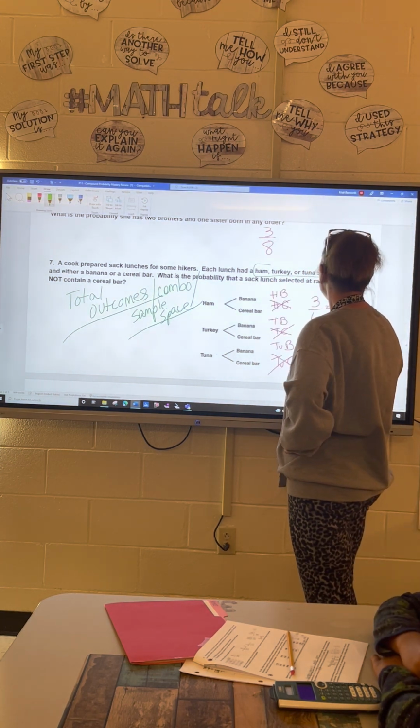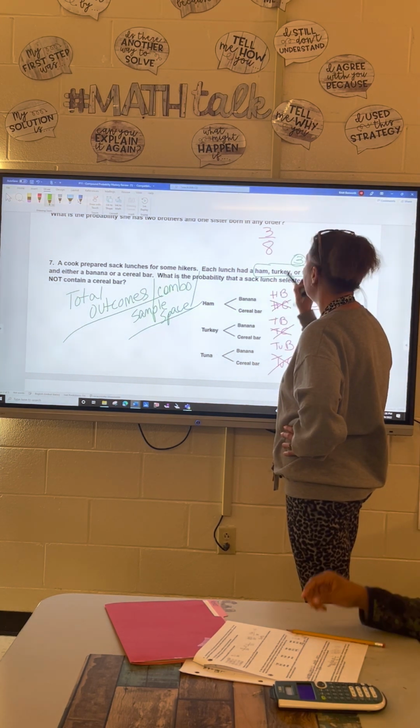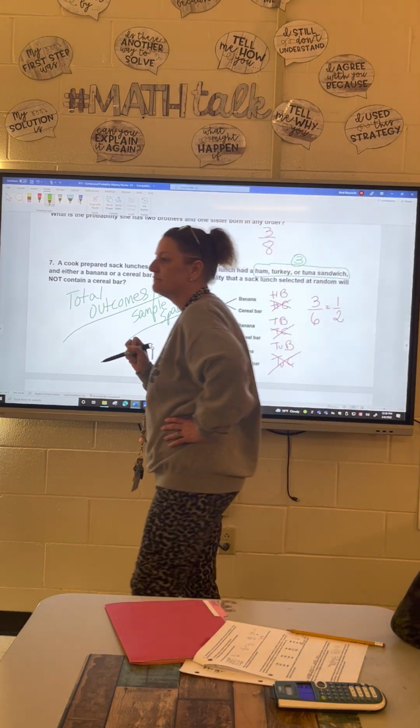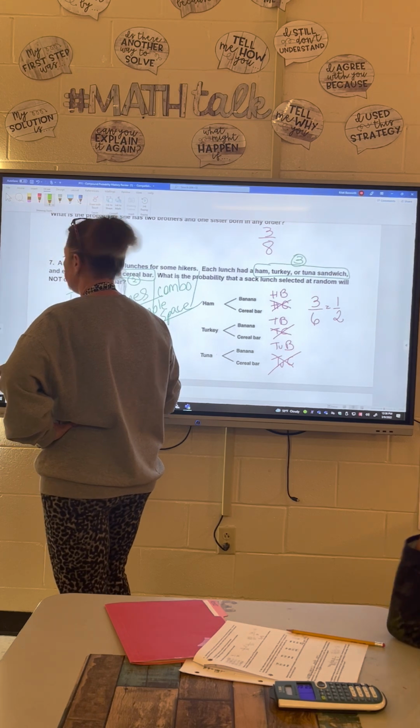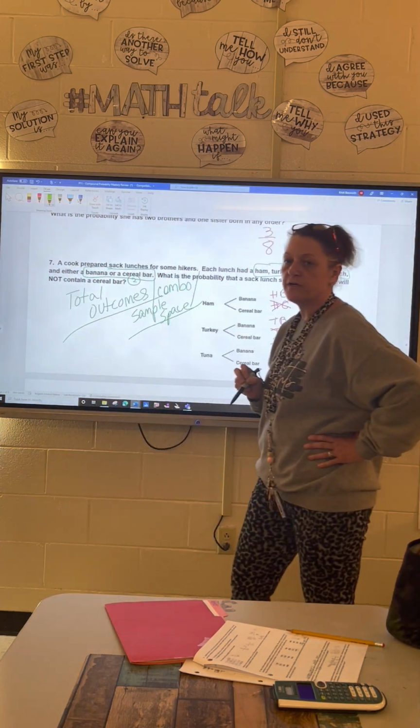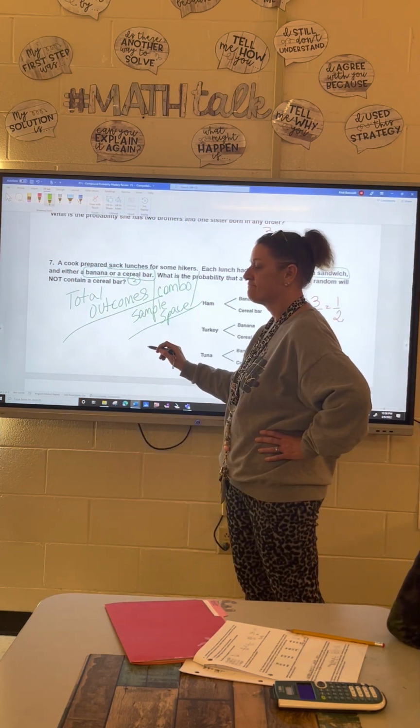Turkey, ham, or tuna sandwich. That's 3, right? Banana or cereal bar. That's 2, right? What's 3 times 2? 6.